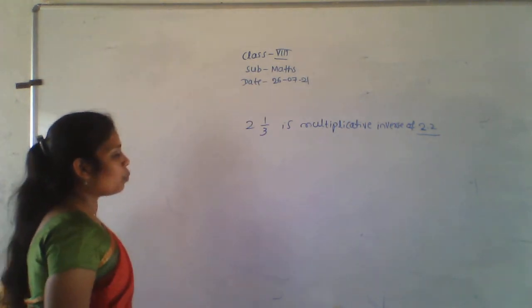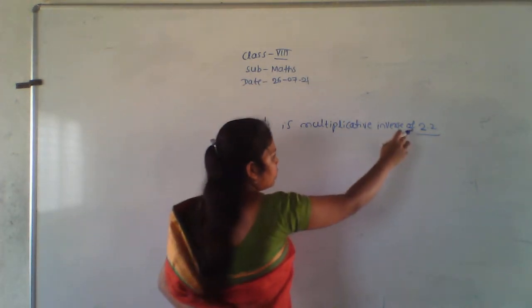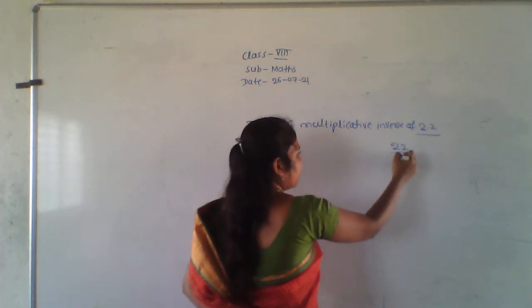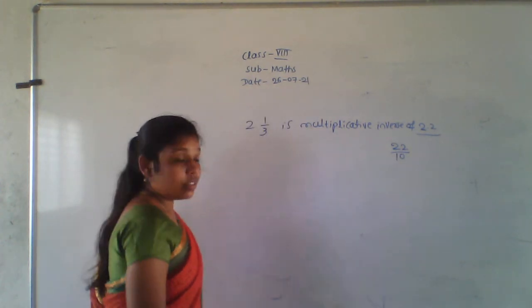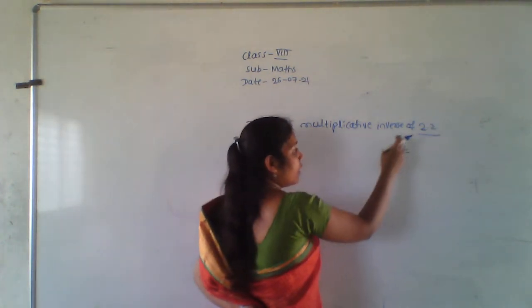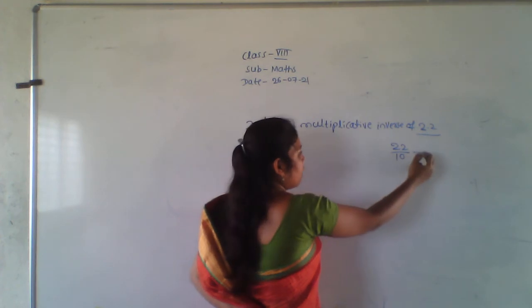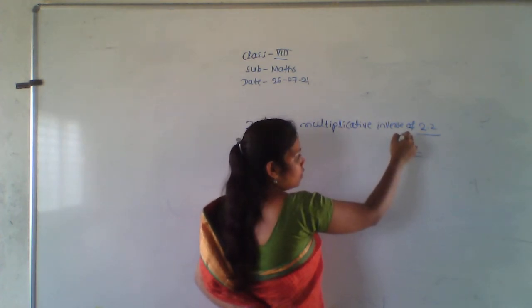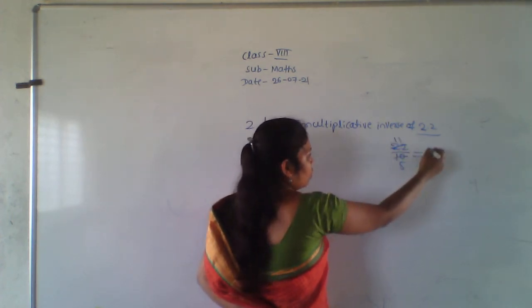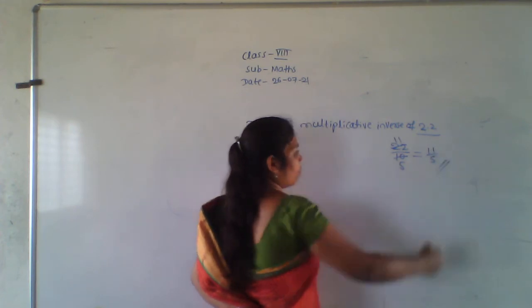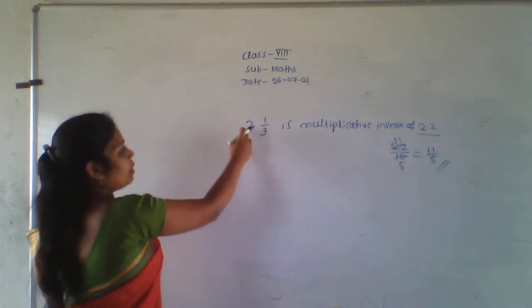Multiplicative inverse of 2.2 means what? This is nothing but 22 by 10 we can write. Correct? See here, 2.2 can be written as 22 by 10. Cancel these values, 11. 2 11s are 22, 2 5s are 10. So what answer did we get here? 11 by 5.